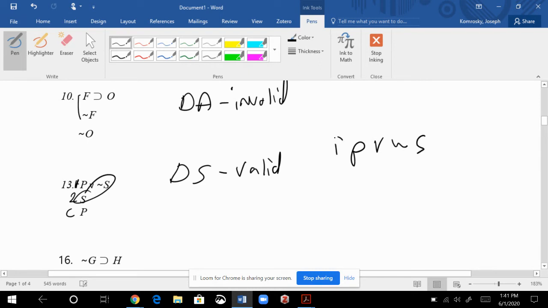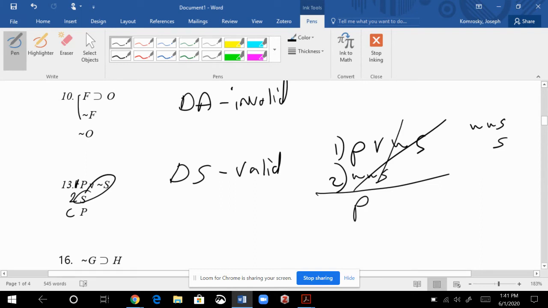Again, Hurley throws in that rule like the double negation. So technically, in order to negate the not S, you're supposed to put not not S, which is the same thing as S. Then you can technically cross those out and bring down the P. But either way, if you didn't put not on S, it's fine. You know that S simply contradicts not S. Okay?